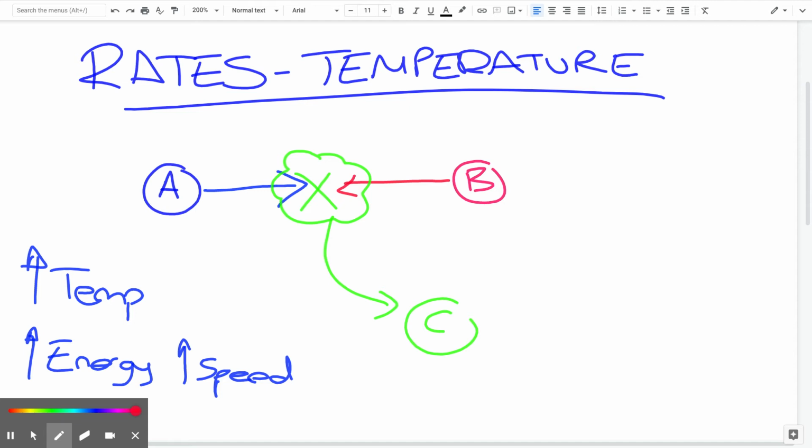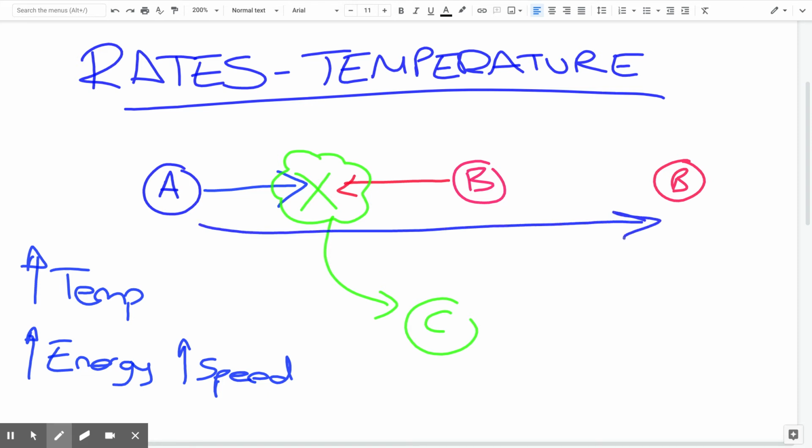If we increased the speed of particle A, though, and likewise particle B, I suppose, then if A was moving, say, twice as fast, it is possible for A to cover more distance in a very simplistic fashion. So at a lower temperature, it was possible for A to hit B, say, once in a second.